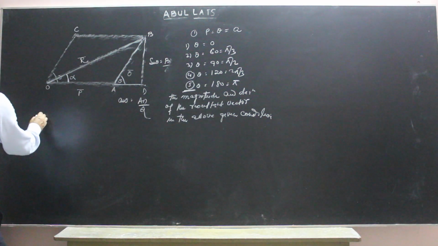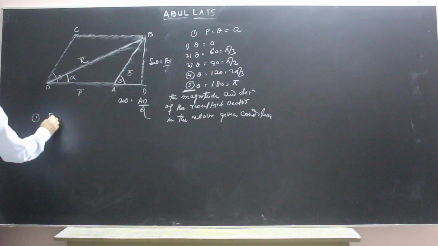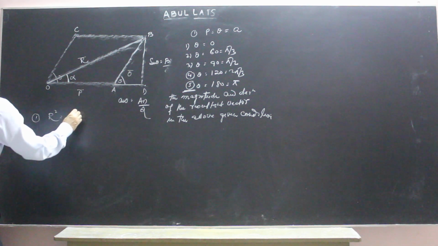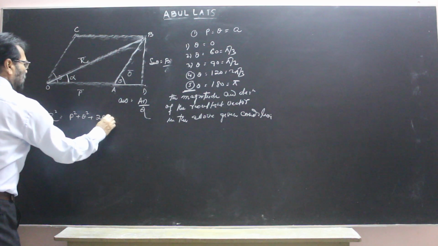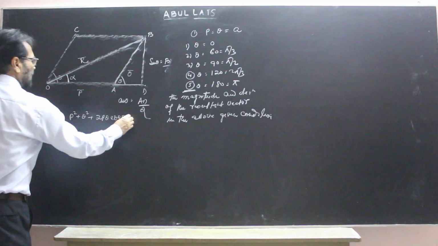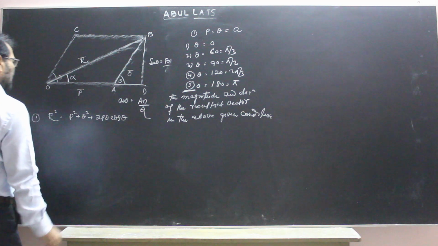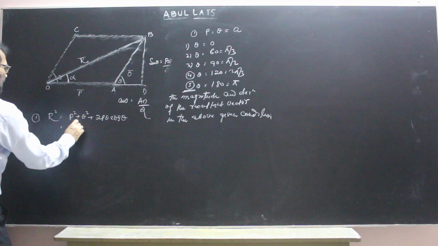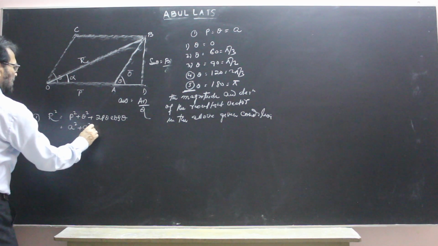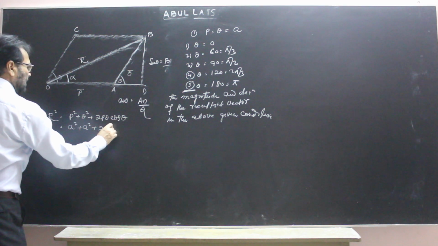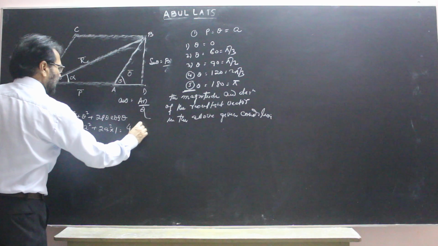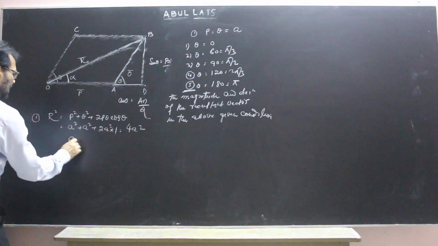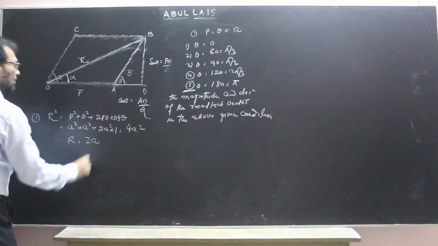So we know that R square is P square plus Q square plus 2PQ cos theta. Theta is 0, so this is A square plus A square plus 2A square cos 0, and cos 0 is 1, so it is 4A square, hence R is 2A.